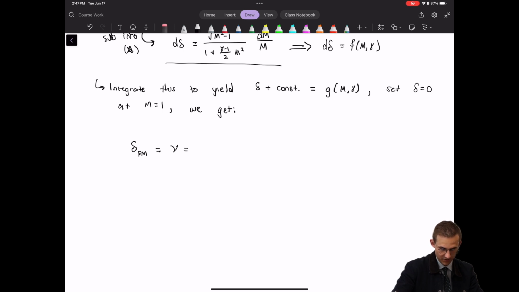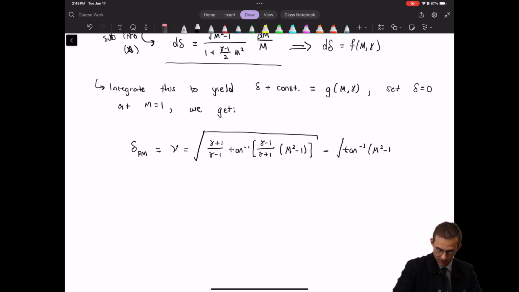That's the way you'll see it in the tables, which is equal to this big function here: gamma plus 1 over gamma minus 1, that whole quantity square-rooted, multiplied by the inverse tangent of the square root of gamma minus 1 over gamma plus 1 times M squared minus 1, minus the arctangent of the square root of M squared minus 1.